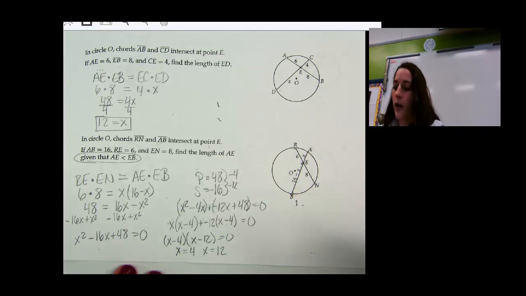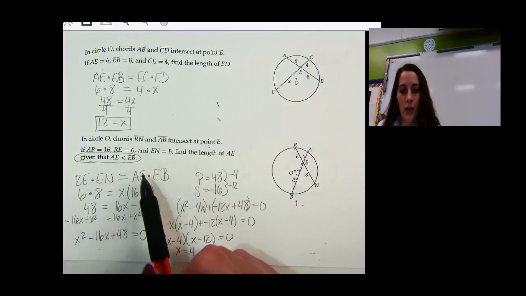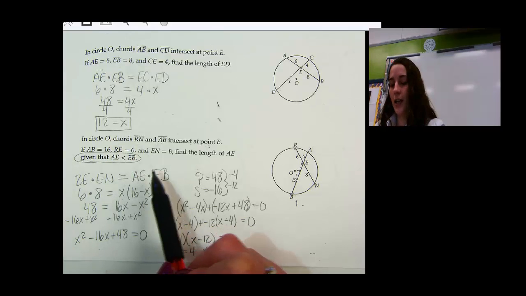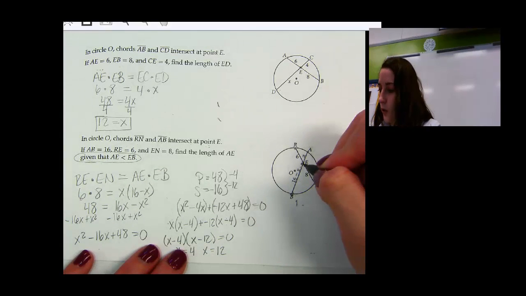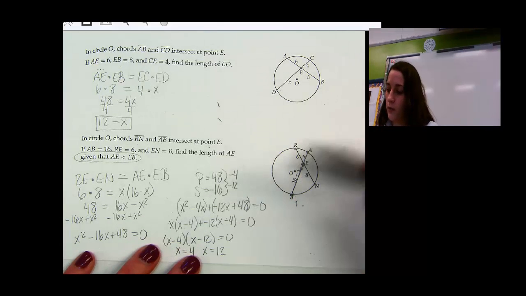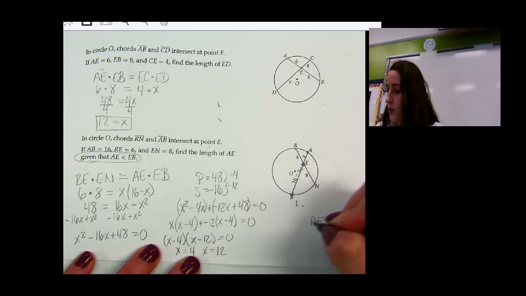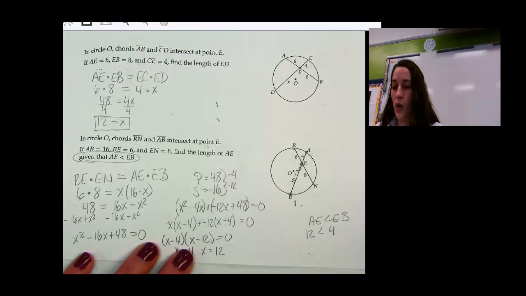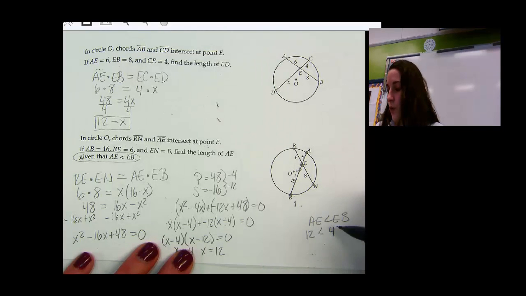Which one do I pick? Well, that's when I have to go back up to my question. It says, given that AE is less than EB. So if AE is going to be less than EB, well, let's say I choose 12. AE would be 12, and 16 minus 12 would be 4. Does that work? No, because 12 is bigger than 4.